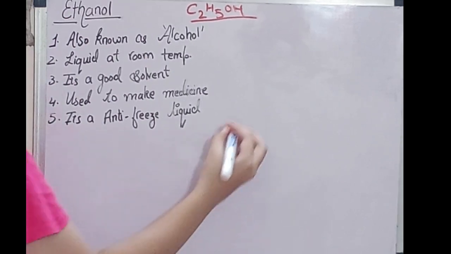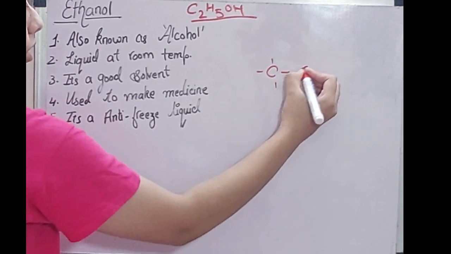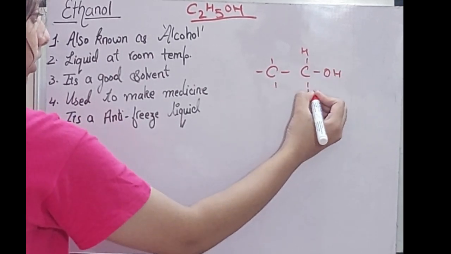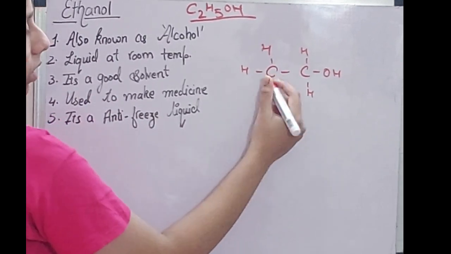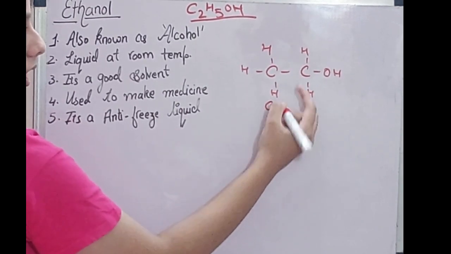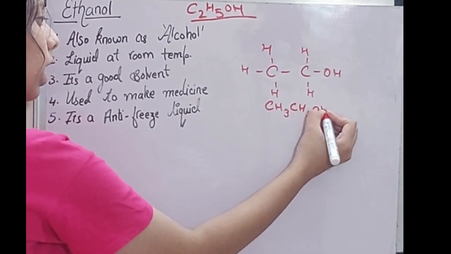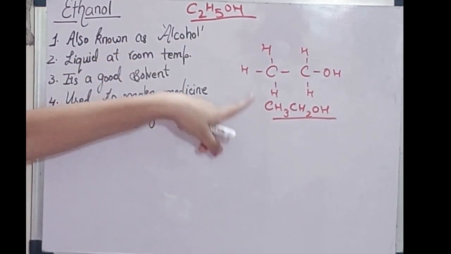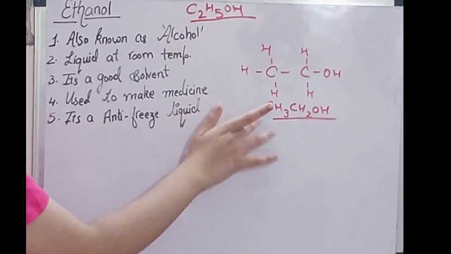Let's draw the structure as well: 2 carbon, 5 hydrogen, and 1 OH. So this is what your ethanol looks like, and you can also write it as CH3CH2OH. Another way to write the same thing. The meaning is same, but just a different way to write. I hope it's clear.